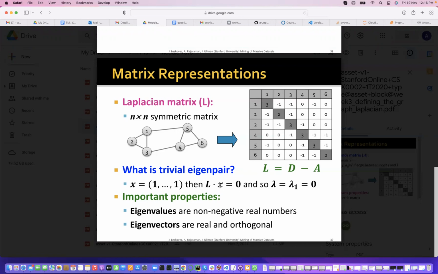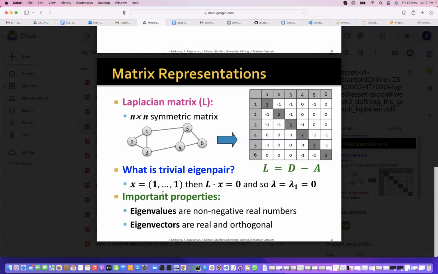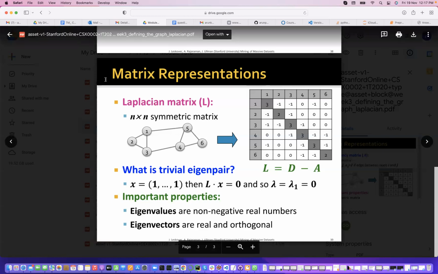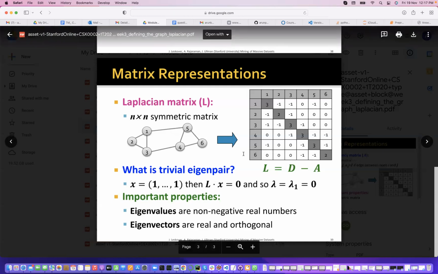And then it satisfies Lx equal to lambda x, with lambda equal to 0. So 0 is the eigenvalue, and whatever vector of 1s you take becomes the eigenvector. That is the trivial case; it is satisfied for any such matrix, not only this matrix.